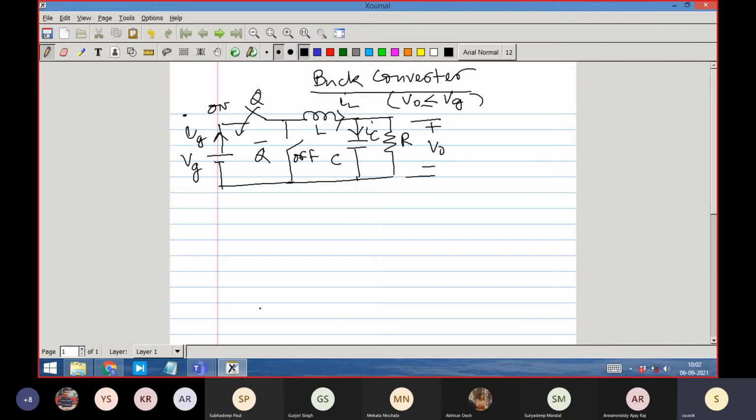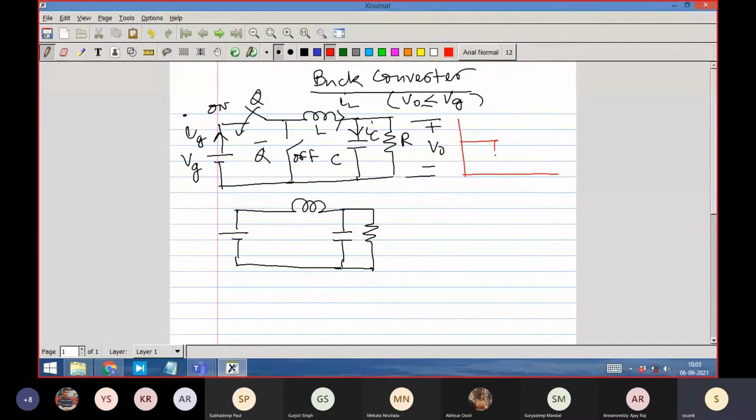Now, we have shown earlier that the on state equivalent circuit is when Q is on. Let me show how we are turning on. This is Q on and Q off. TS is the period.